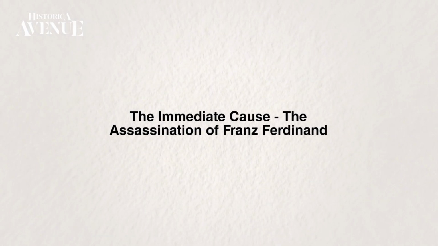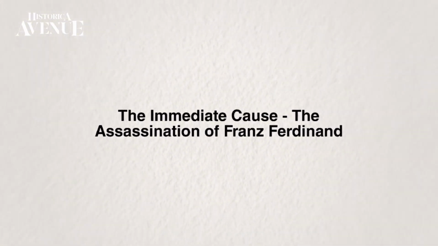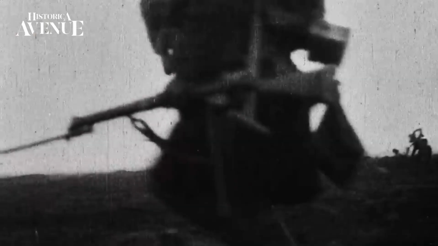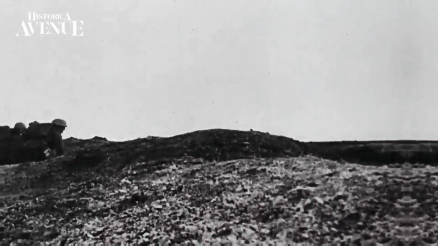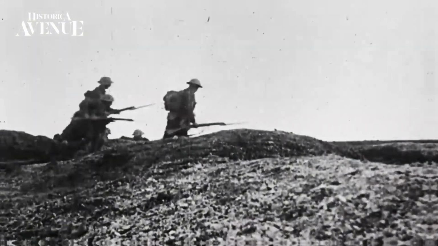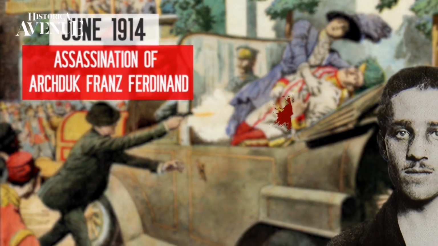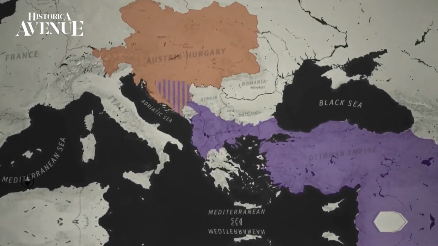The immediate cause: the assassination of Franz Ferdinand. Although tensions in Europe had been simmering for a long time, the immediate cause of the outbreak of World War I was an incident that occurred on June 28, 1914. In Sarajevo, Bosnia, Archduke Franz Ferdinand, heir to the throne of the Austro-Hungarian Empire, was assassinated by a Serbian nationalist, Gavrilo Princip.